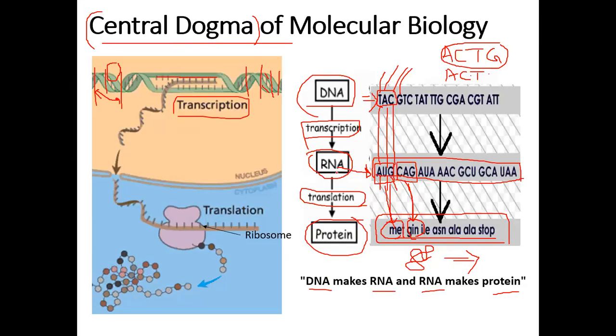However, in RNA, whenever you have A, the copy would be U. The complementary one is not T, but it is U. So the copy created is the complementary one, not the original one.